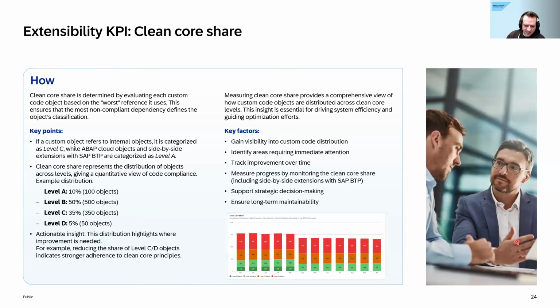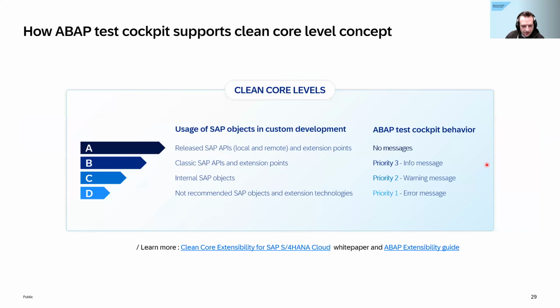Basically, and here I already added the screenshot, by saying, hey, the worst reference in a custom code object wins. What does it mean? We will come to this in a second, how this is done in ATC exactly, but there is a mapping between the levels and findings in ATC. Let me briefly open up this slide. I will come back to it in a second because we will need it when we dive deeper into ATC.